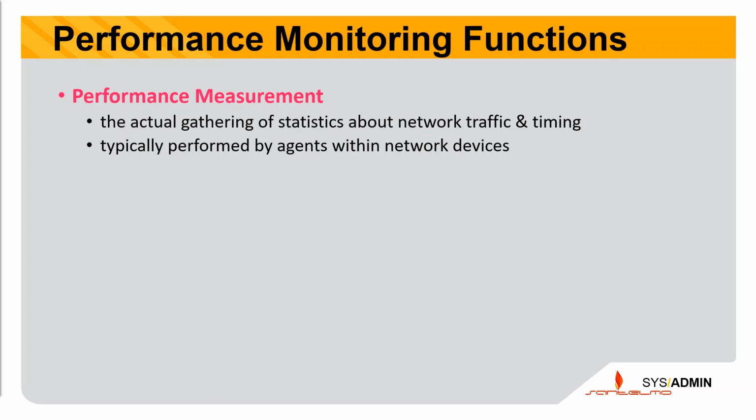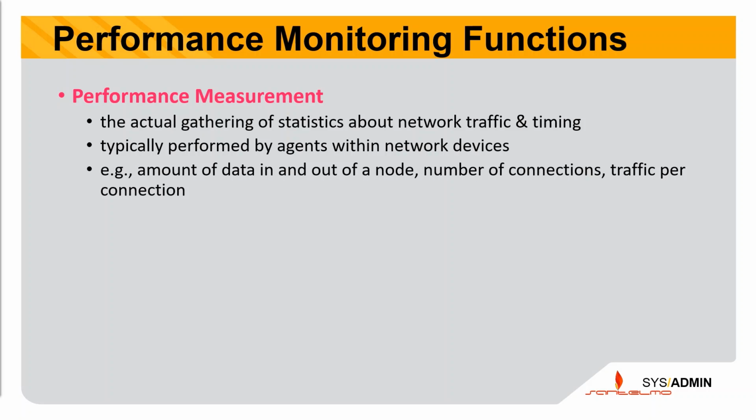The systems administrator can then view and analyze that data. Examples include the amount of data in and out of the node, the number of connections, and traffic per connection. So that's performance measurement. Next would be performance analysis, which is analyzing the gathered data and presenting it.